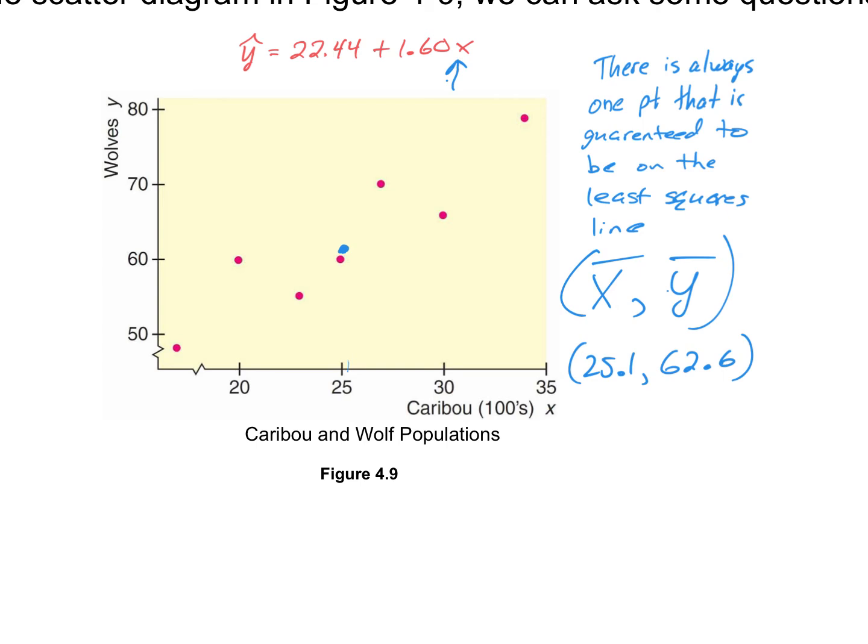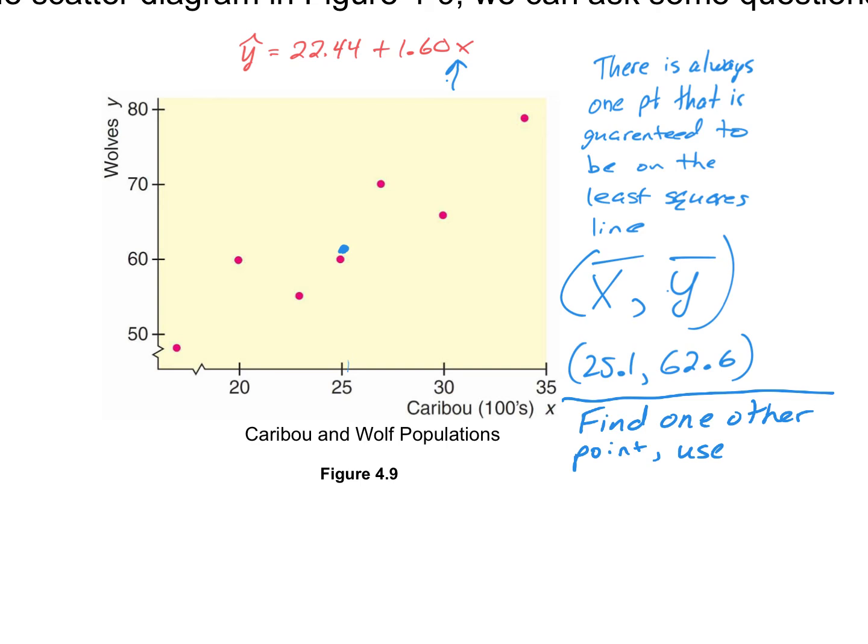Got it? You definitely can do that. But I don't like using a data piece that's already there. So this is what I ask my students more. Okay? So part 2. You must find one other point.